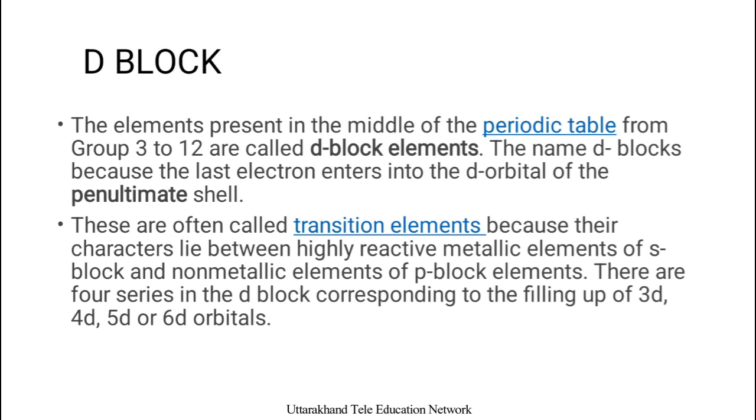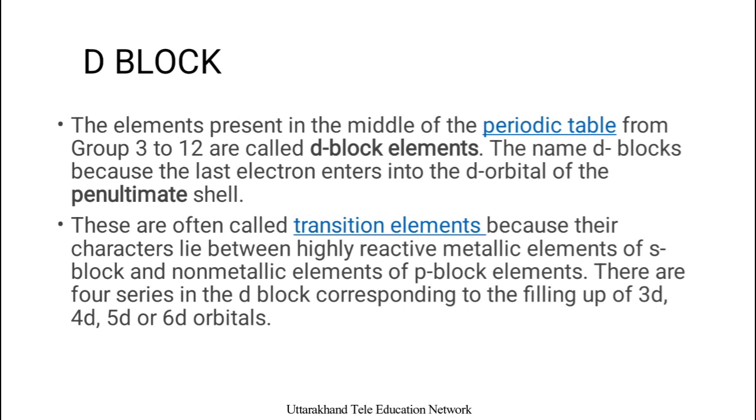These are often called transition elements because their character lies between the highly reactive metallic elements of S block and the non-metallic elements of P block. Means their properties are exhibited in between S and P block elements.